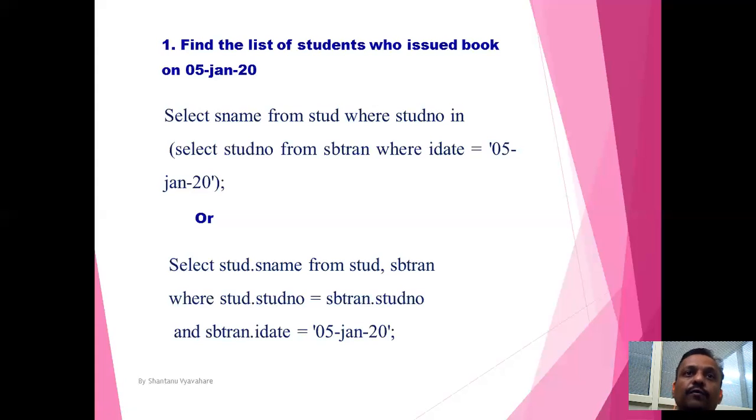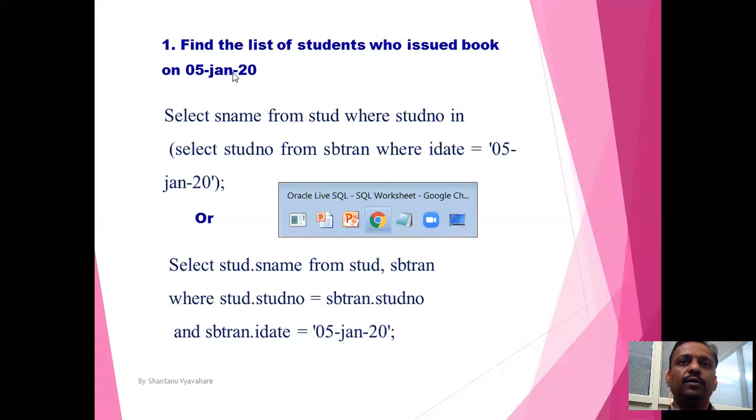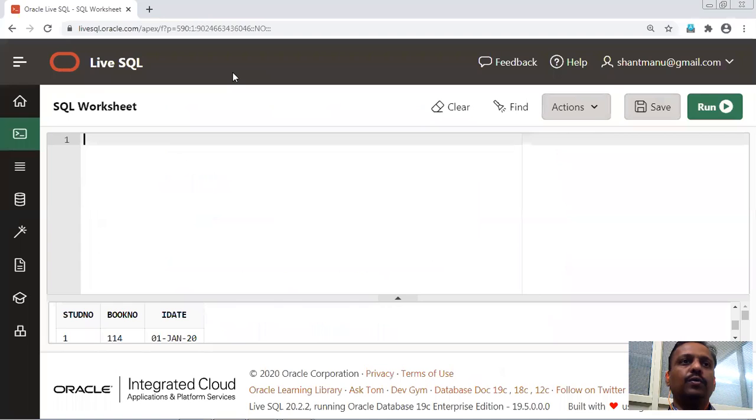First of all, again I am going to explain what your question is. Find the list of students who issued a book on 5th January. So let's see how to do that. Now go here: select student number from SBTran. What we have to find out?